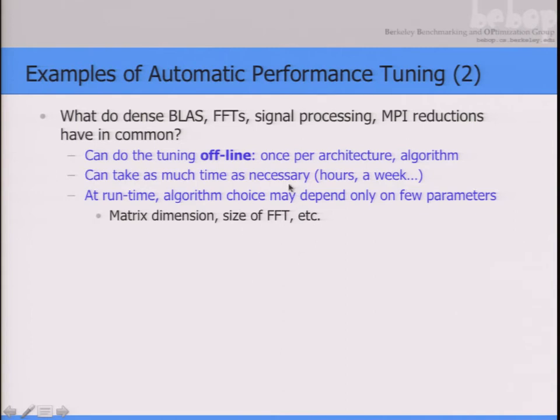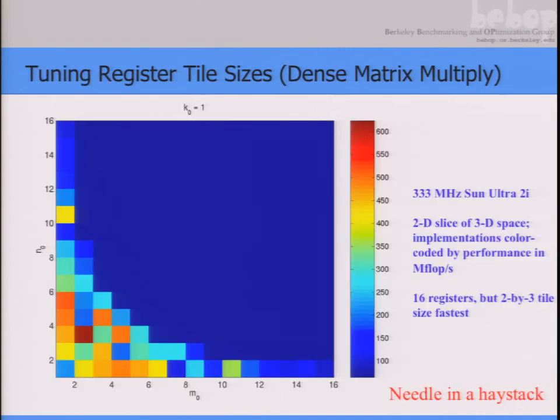And we're going to do some of this for sparse matrices too. So in other words, offline you can afford to spend as much time as you want. And we're going to try to divide the work in sparse matrix tuning into the offline part where we can take the time and the online part. So let me just show you this picture about tuning register sizes to show you why we want to automate it. And we'll see another version of this in a moment.